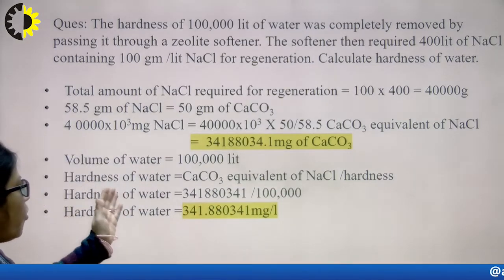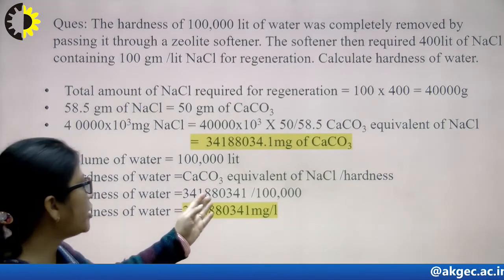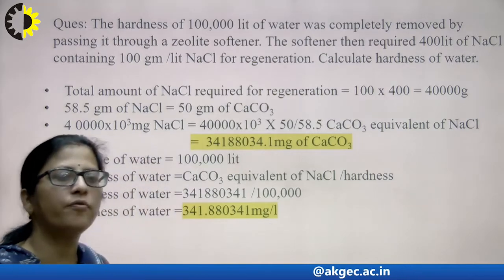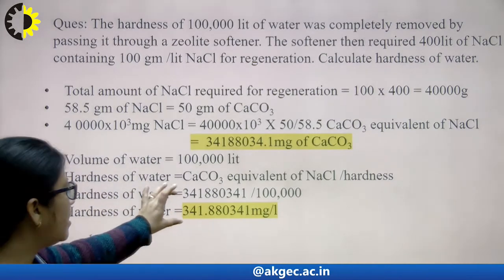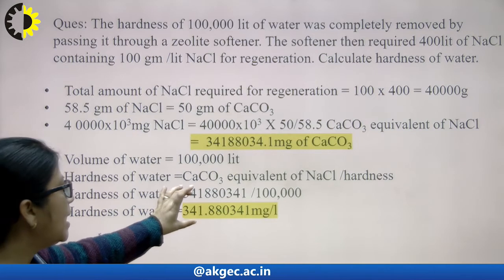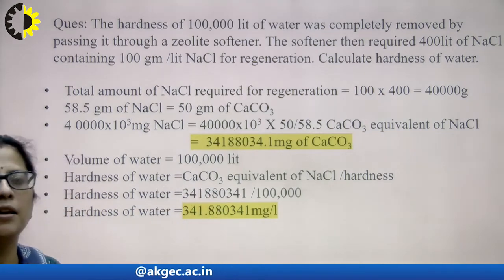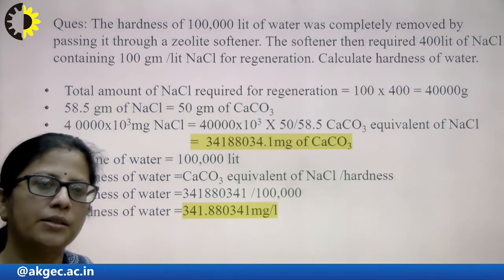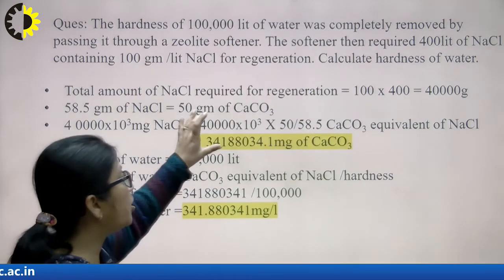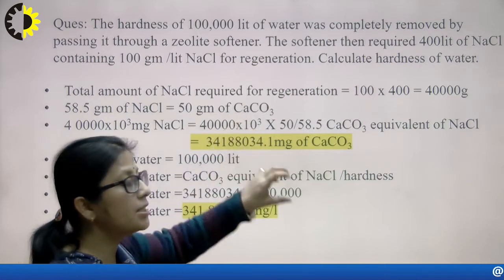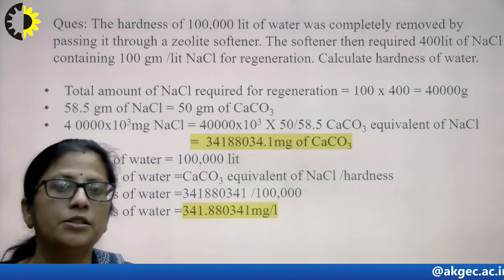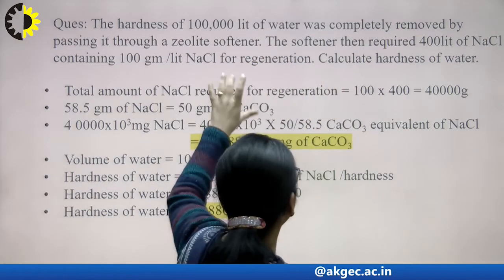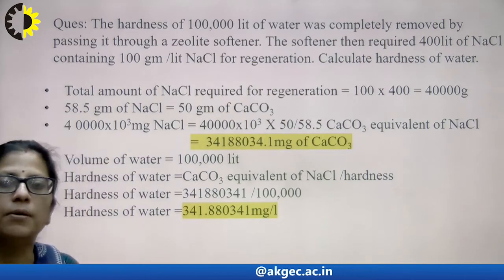So, the hardness of water will be equal to 341,880,341 divided by 1 lakh liters of water. So, this is the hardness, 341.88 milligram per liter, present in the water that I had passed through zeolite. And why am I equating this much? Because this hardness was accumulated in the zeolite and then I required NaCl to remove this hardness from the zeolite material.